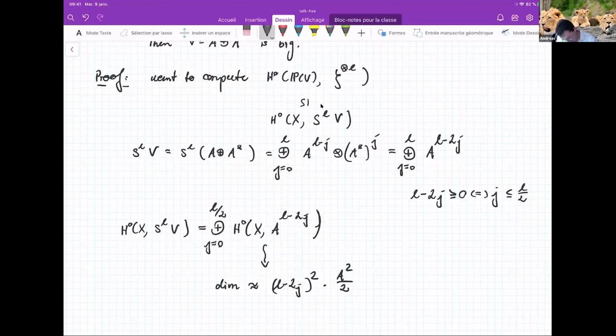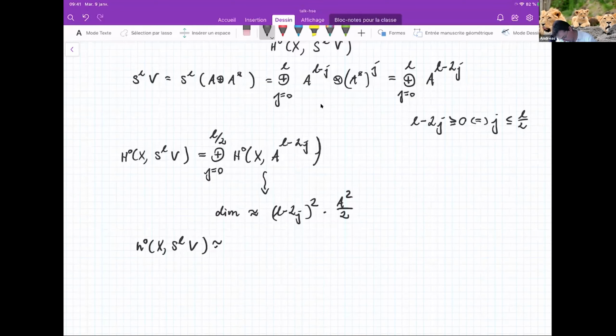And now if you want to know the dimension of this vector space, it's going to be approximately the sum of (L minus 2J) squared times the constant A squared over 2.